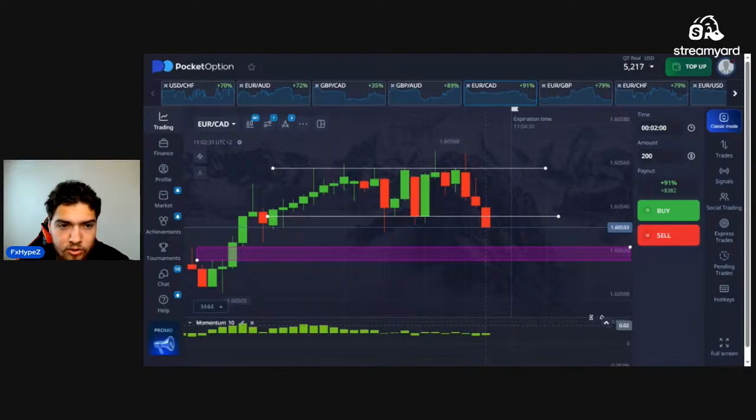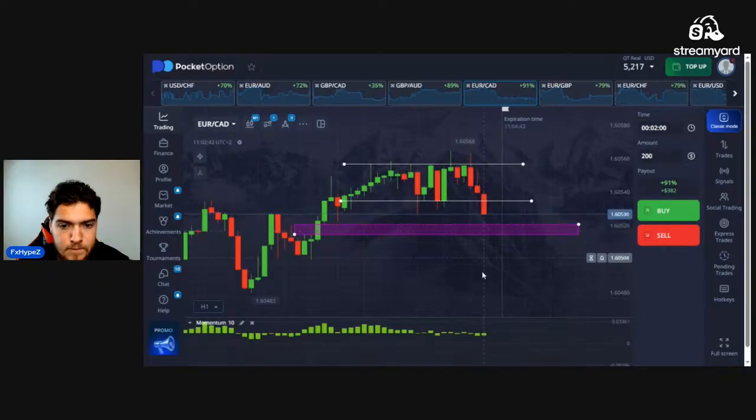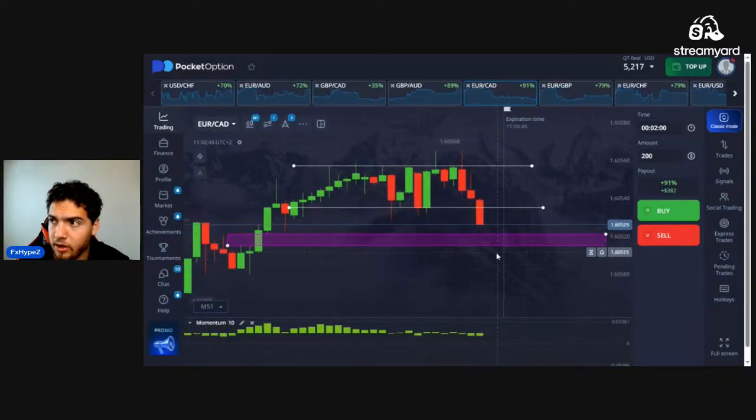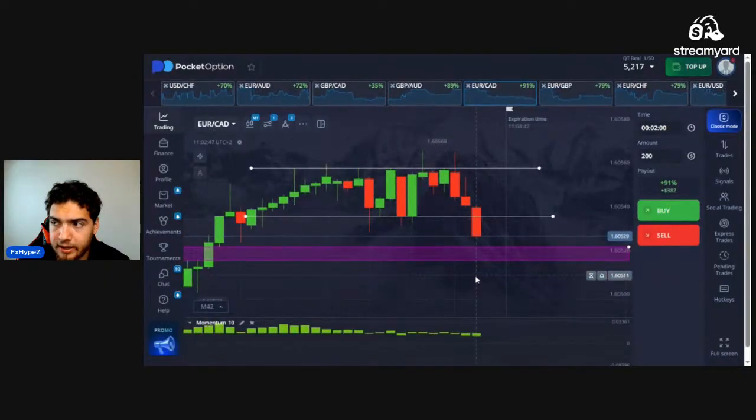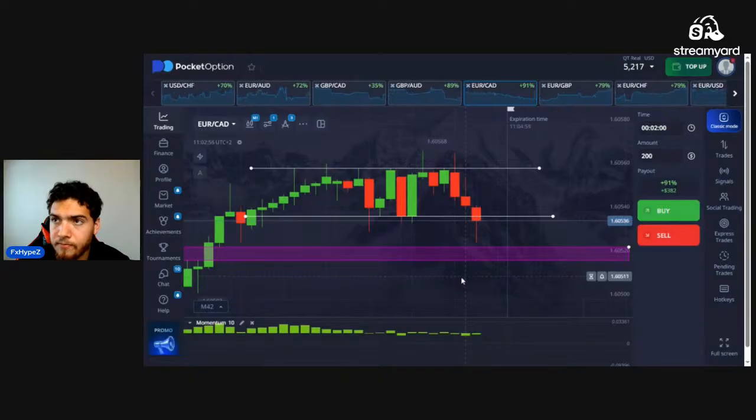I would have taken a 2-minute sell position already on this break. So obviously, I showed you guys at the beginning, we have this fair value gap here, which probably will be filled. Momentum's not red, and I don't think with this break I will be taking a sell position. Strong rejection though. A very, very strong rejection.